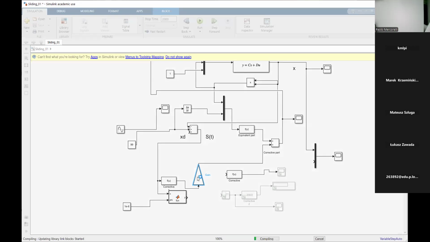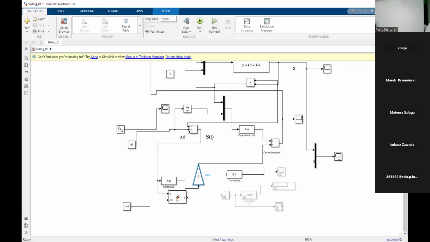We have just one disturbance. Here I have to connect, excuse me, to compare. One second, because I don't understand what happens here now.